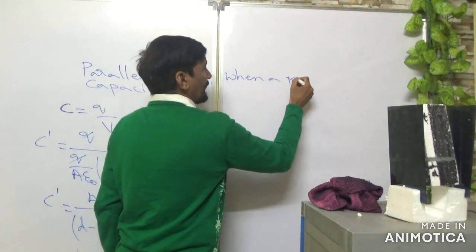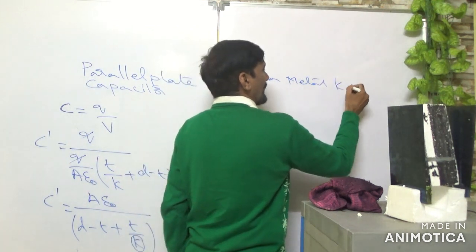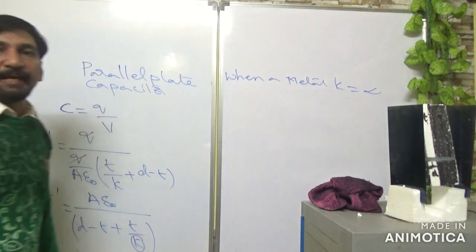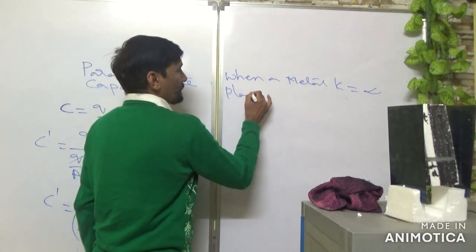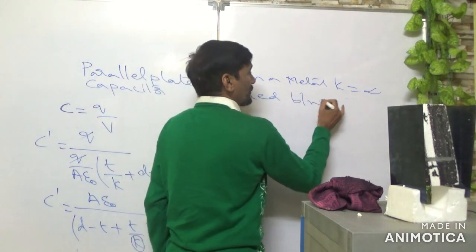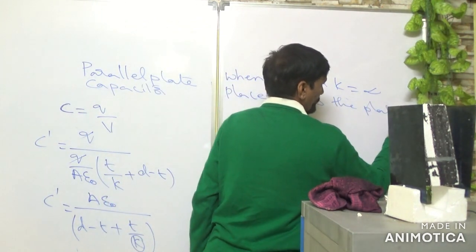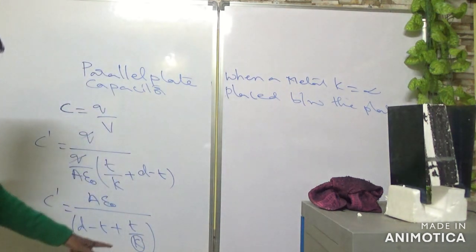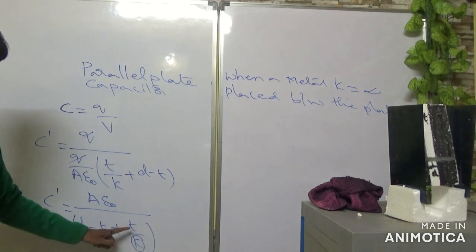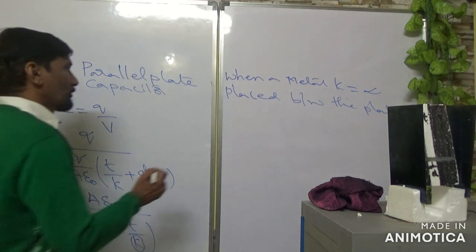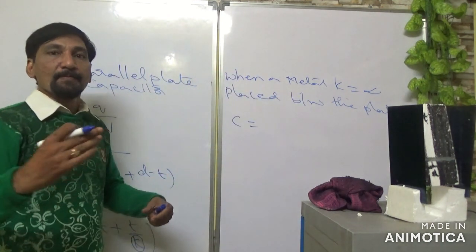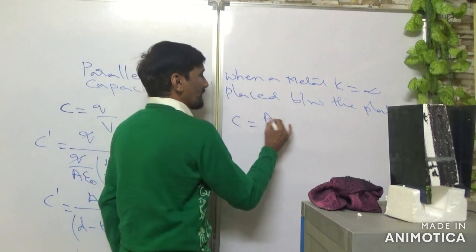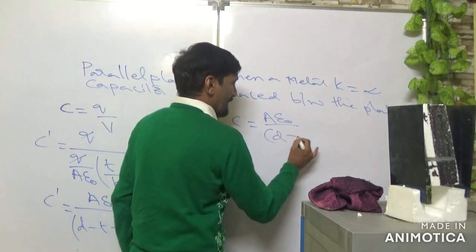So this T by K becomes 0, right? Because 1 by infinity is 0. So you get the capacitance between the plates, when you are placing a metal between the two plates, as A epsilon naught by D minus T.